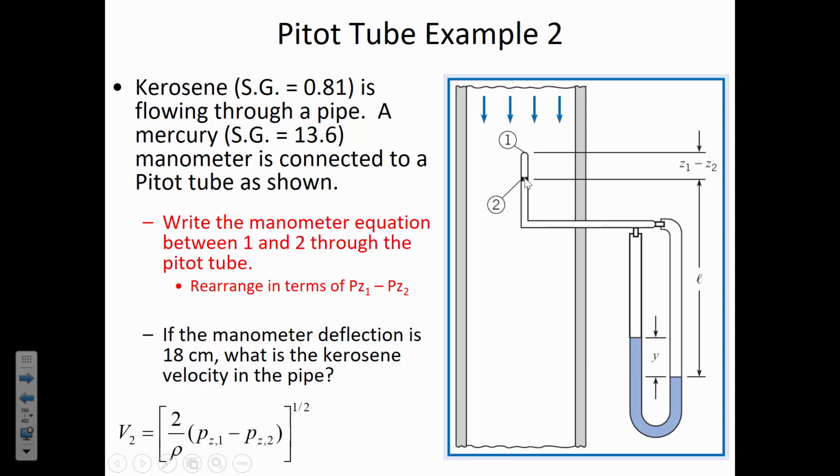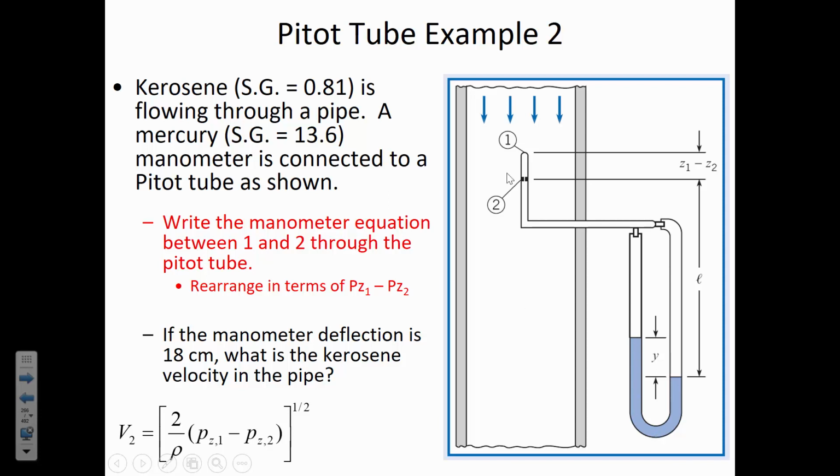And that's something that we've done before, is just basically say P1 plus and then some distance multiplied by the unit weight of whatever liquid is inside of the static area. And so we're going through the center of the pitot tube, and so it's static conditions inside the pitot tube, and all of it is kerosene except for this section, which is mercury.